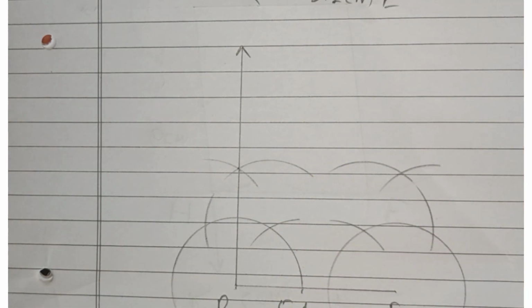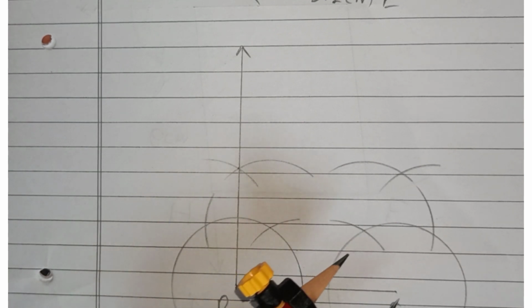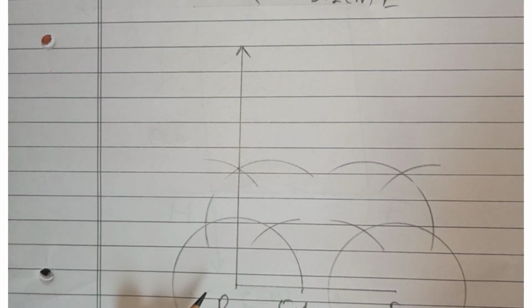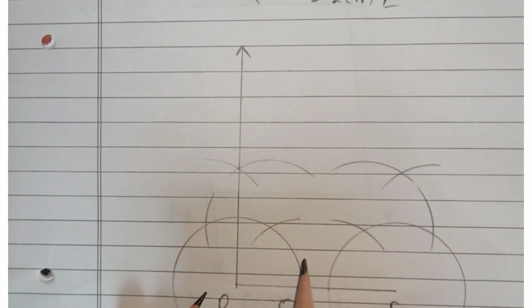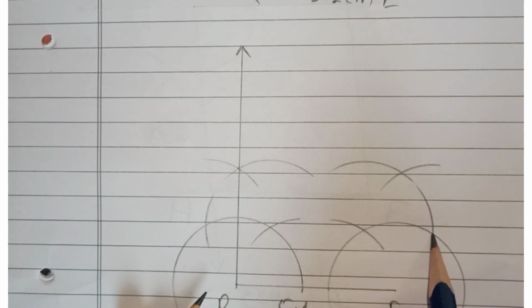Again take any measurement, keep the needle of the compass at point E and construct a semicircle. Then from this point with the same measurement cut the first arc, which is 60 degrees, then from this point cut another arc, which is 120 degrees.